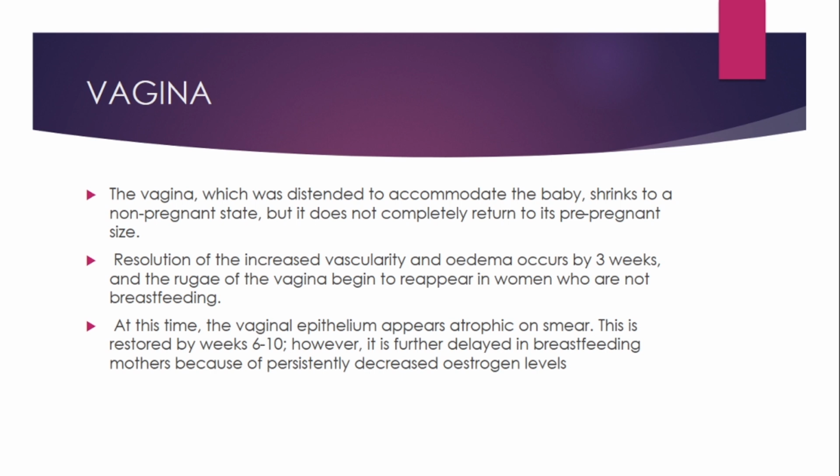The resolution of the increased vascularity and edema occurs by 3 weeks, and of course, the rugae of the vagina begin to reappear in women who are not breastfeeding. At this time, the vaginal epithelium appears atrophic on smear. This is restored between the 6th and the 10th week.